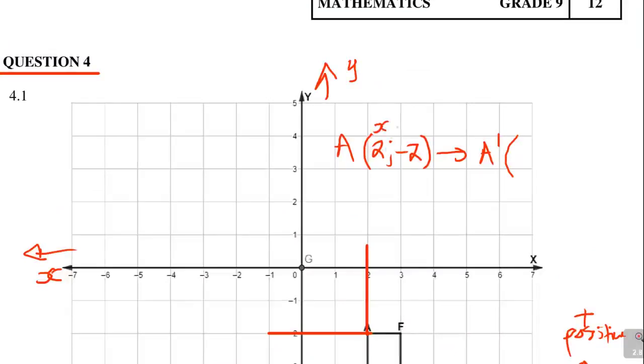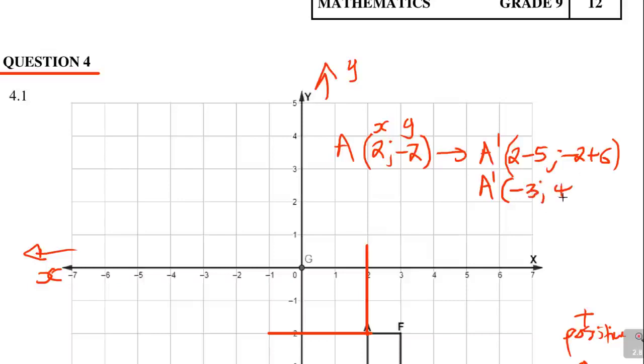I'm moving to the left, so you are saying 2 minus 5 for the x part, and then -2 plus 6. You are subtracting 5 and adding 6. Now, continuing with your new translated A, 2 minus 5 is -3.